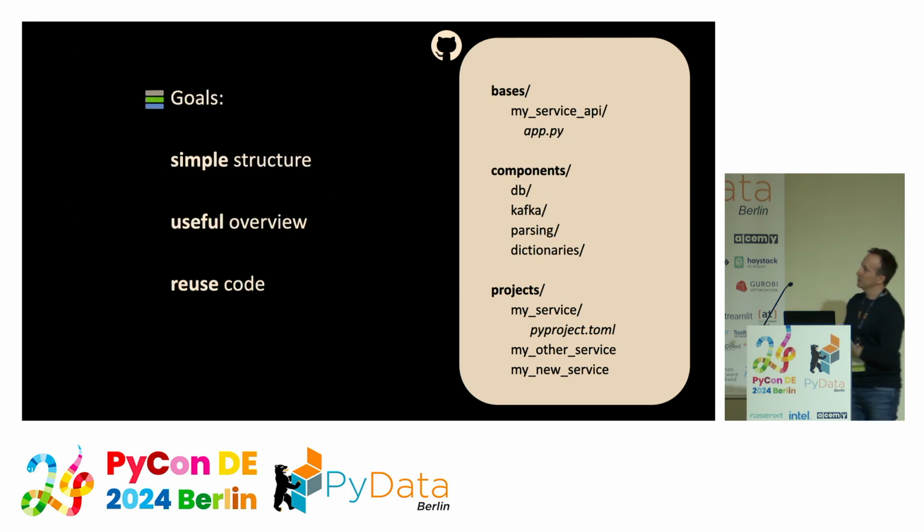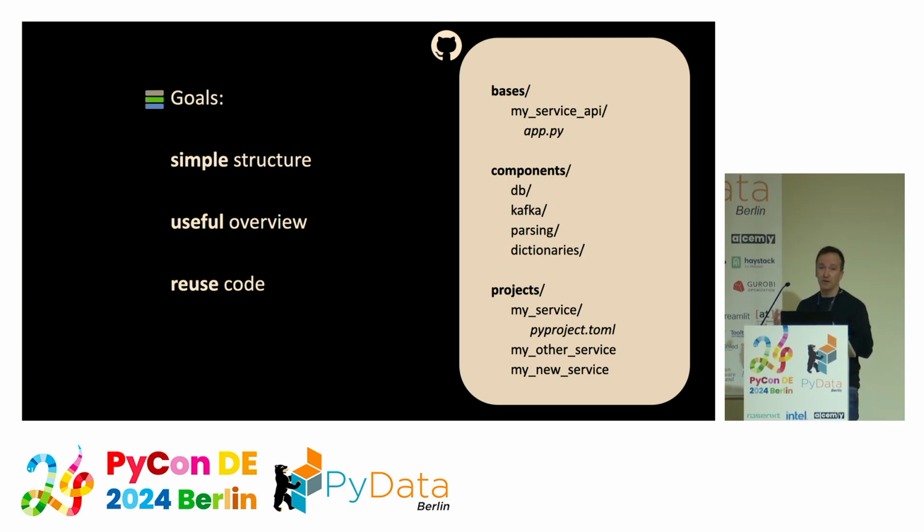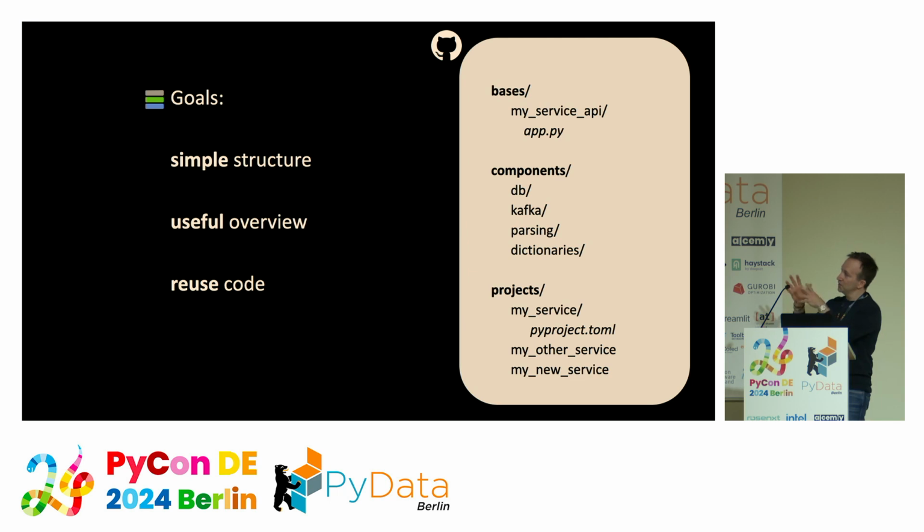Yes. So the goal of this structure is to keep it simple. You have code over here, you have your configuration over there. And just by expanding the components folder, you will see what's in this monorepo, if you have structured your namespaces in a reasonable way.